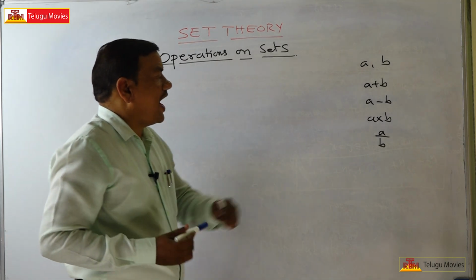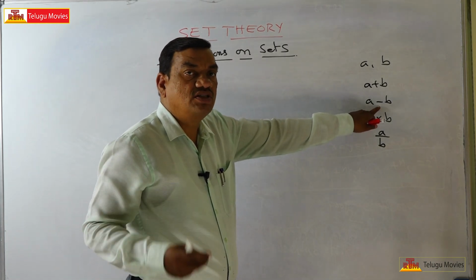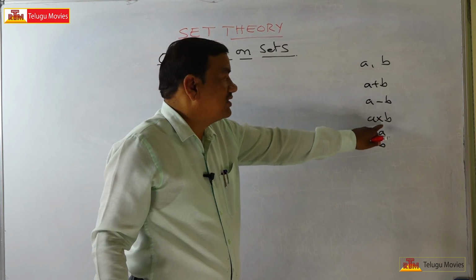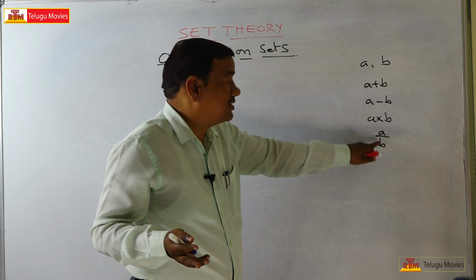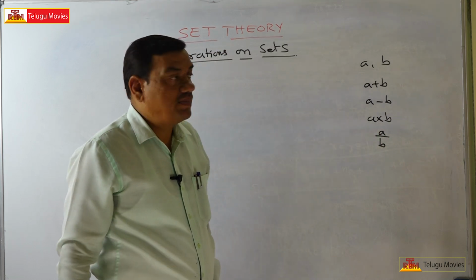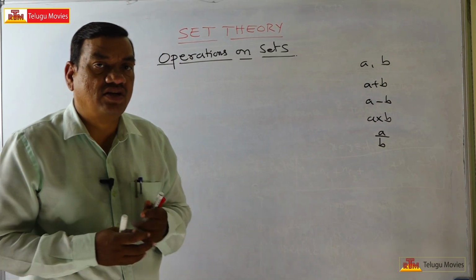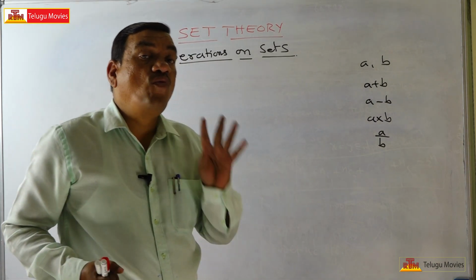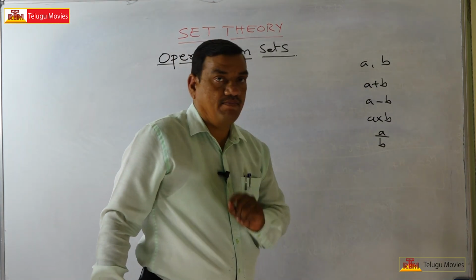This is called addition, this is subtraction of two numbers, this is the product or multiplication of two numbers, and this is division. These four are called the fundamental operations on the set of real numbers.